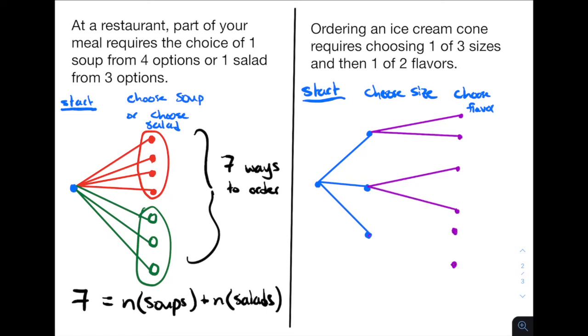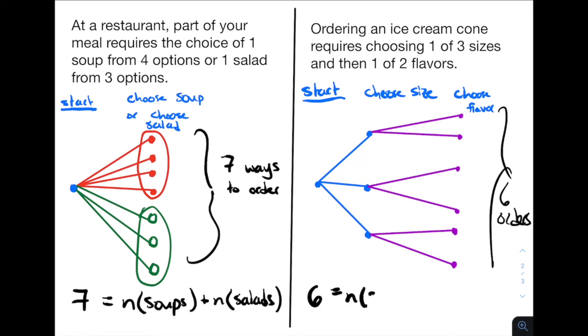And again, for our third choice of size, there were still 2 choices of flavors. There ends up being 6 possible orders. Here, our 6 is equal to the number of sizes times the number of flavors.